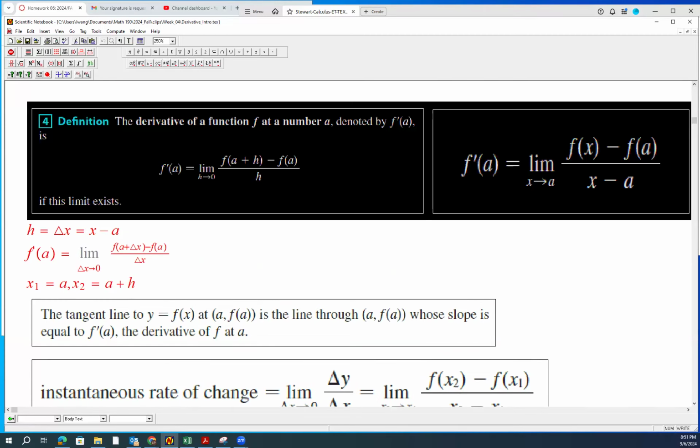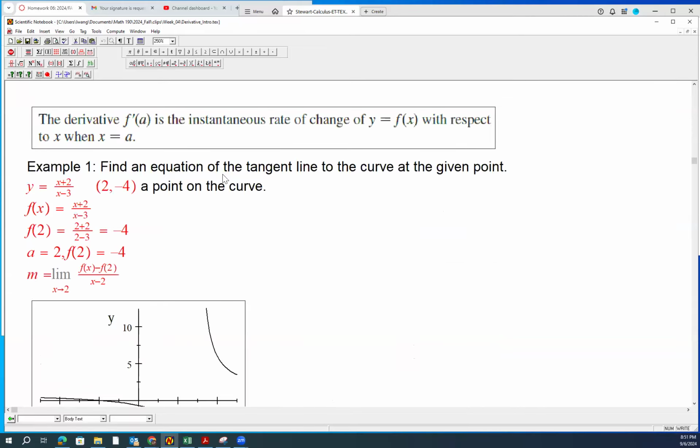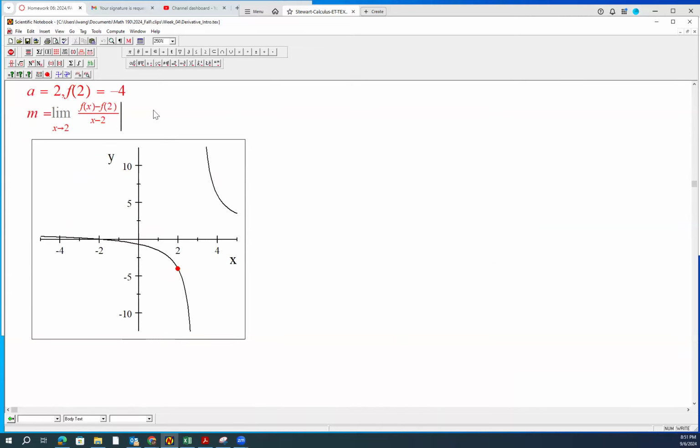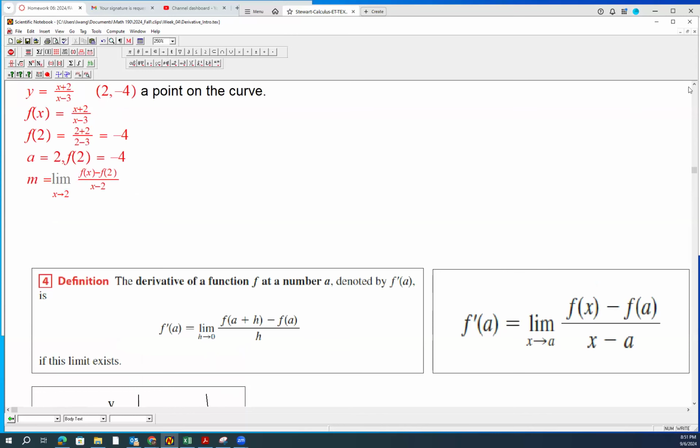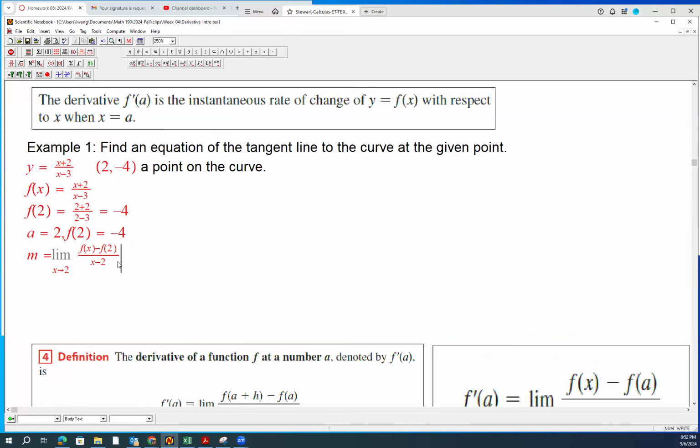So I'm going to bring these two formulas with us. We use the first one. We're using the second one, sorry. It's a matter of plugging in. So let's see what we got. The function f of x is x plus 2 over x minus 3.